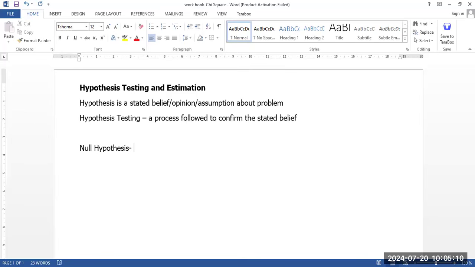You as the analyst, what have you stated? This is always defined as H naught. Then we also have the opposite of what you have stated, which is the alternative hypothesis, denoted as H1.